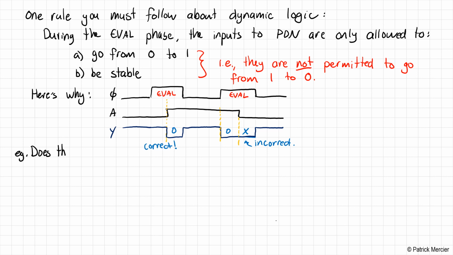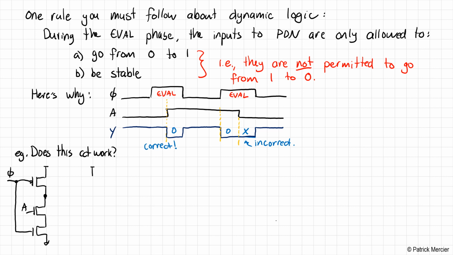Does this circuit work? All I'm going to do, something very simple, is take a dynamic logic inverter. So this is just a normal dynamic logic inverter. This is the clock phi, this is input A. I haven't done anything crazy here.